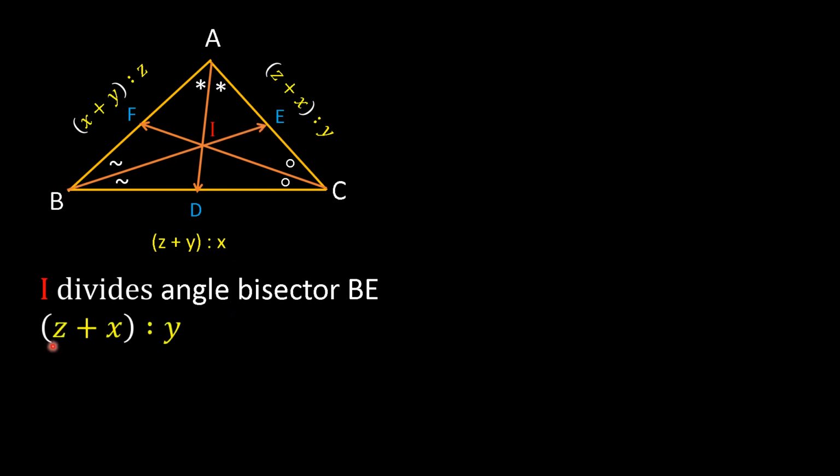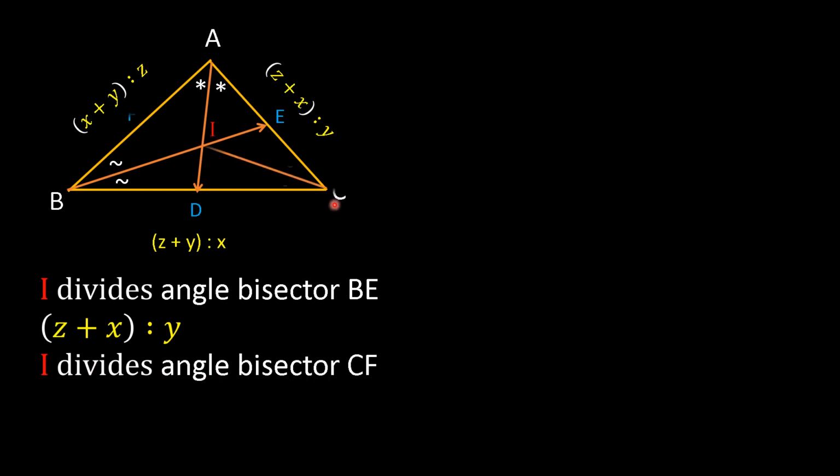On similar lines, we can prove that I divides angle bisector BE in the ratio z plus x as to y, and I divides angle bisector CF in the ratio x plus y as to z.